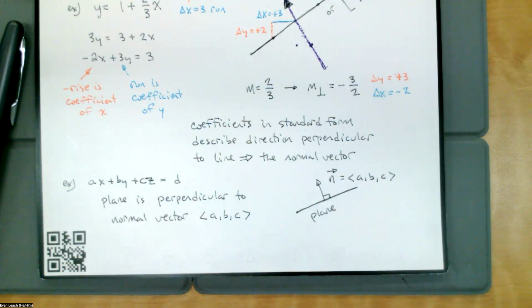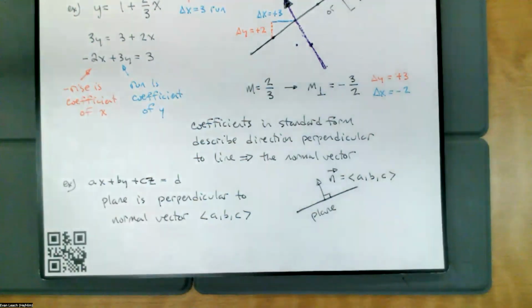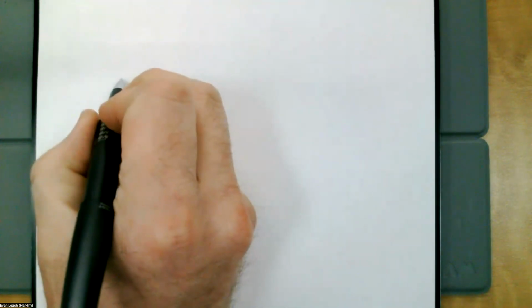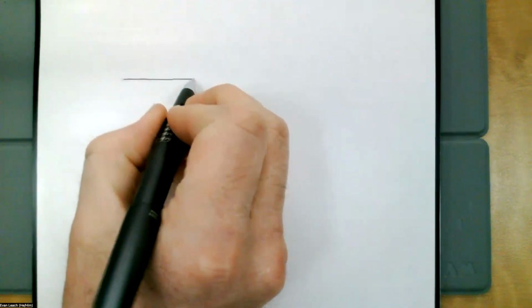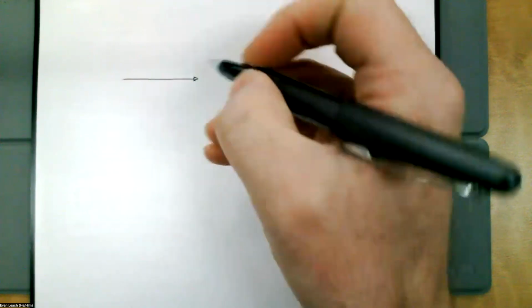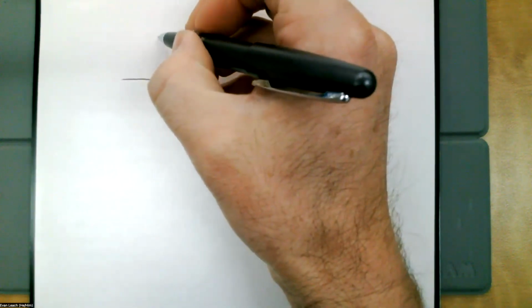If I'm going to draw, we do have techniques for dealing with this, right? So I might call here's one axis. Here's another axis.